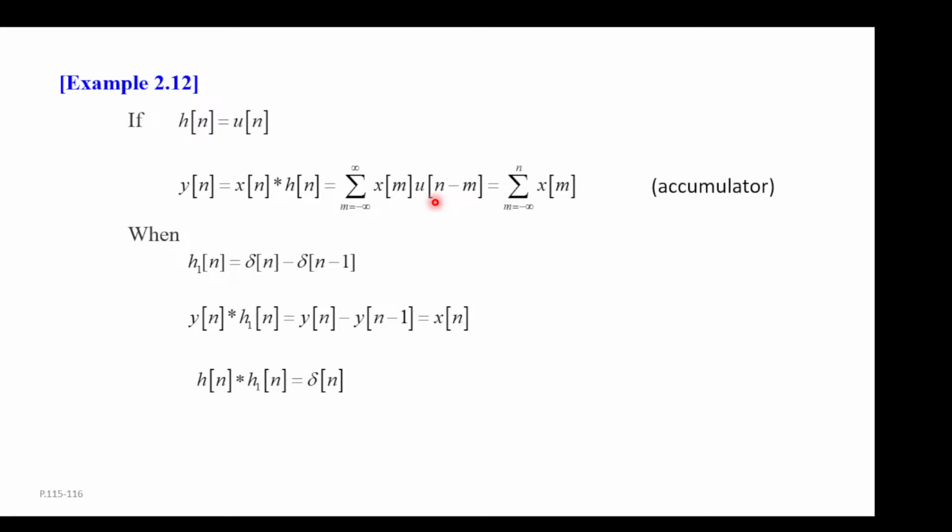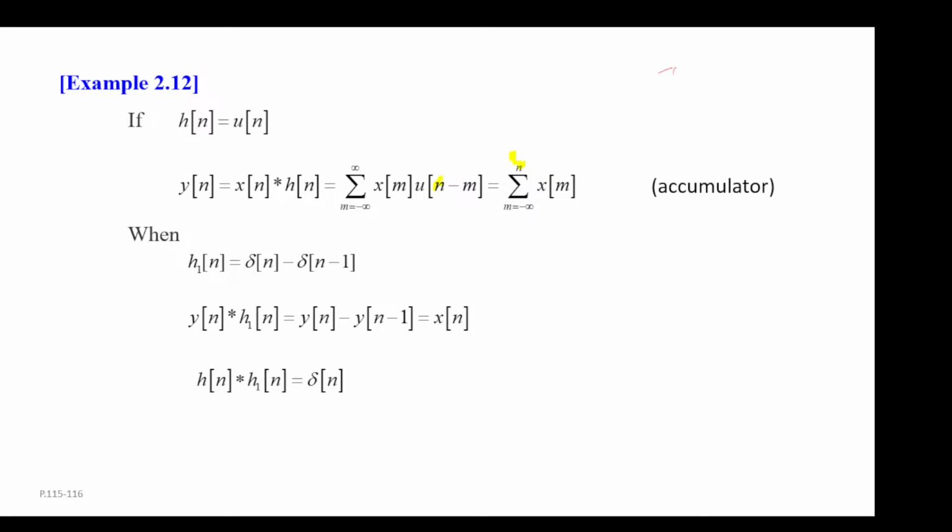So when you do this summation, you find out that this m just goes up to n. So you are just summing over x from minus infinity to your time n. And this is actually our accumulator. You accumulate all the past signals up to now. So you find out that this h of n equal to u of n corresponds to the accumulator. So you sum over all the past signals.